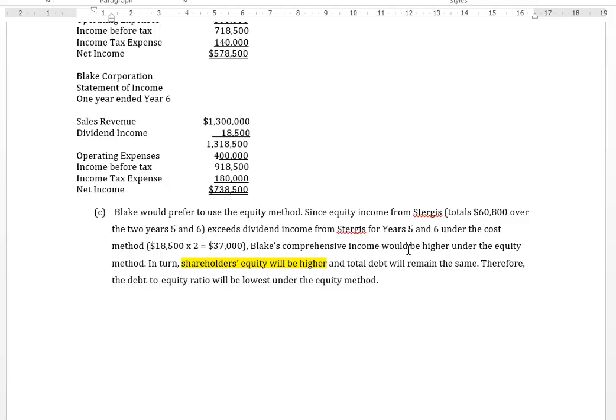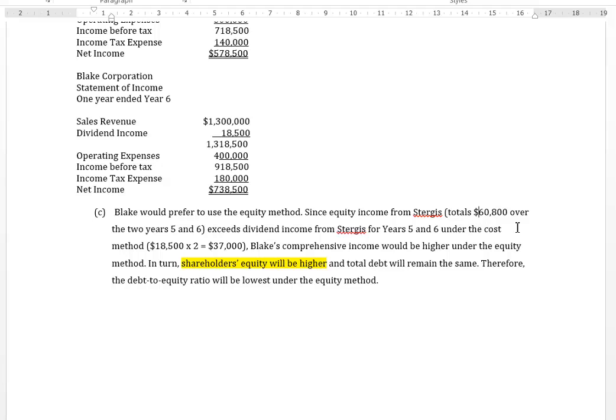Why? Because there's more equity method income recorded over years 4 and 5 for both of those 2 years combined than they would have recorded dividend income under the cost basis. Don't forget, under the cost basis, all we did was take into dividend income $18,500 a year. For 2 years, that's going to give us $37,000.